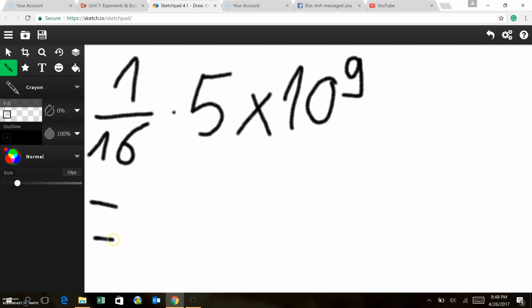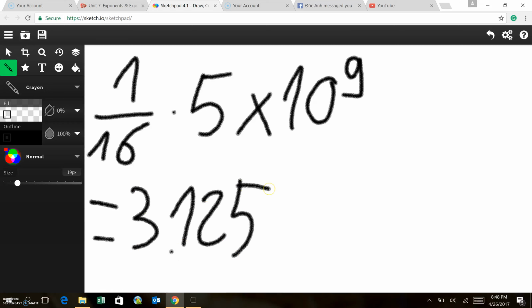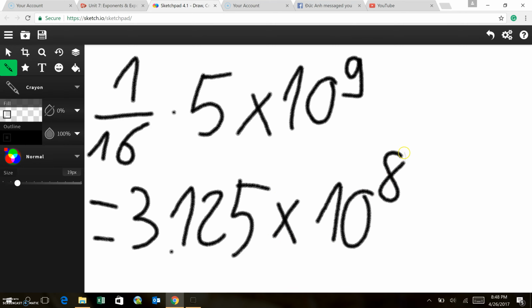So this is equal to 3.125 times 10^8 inch.